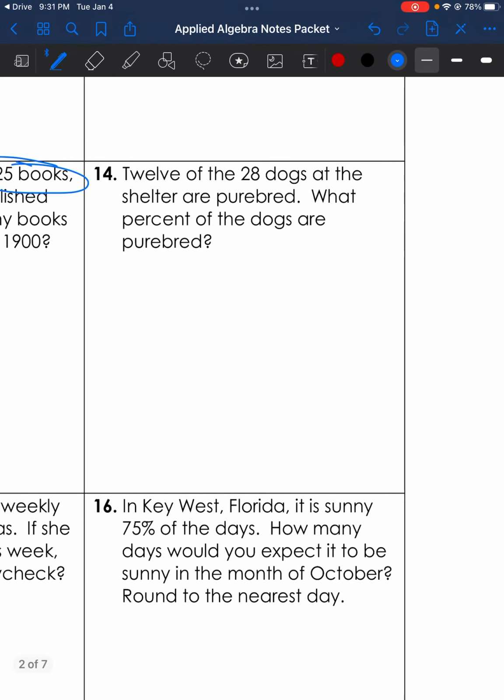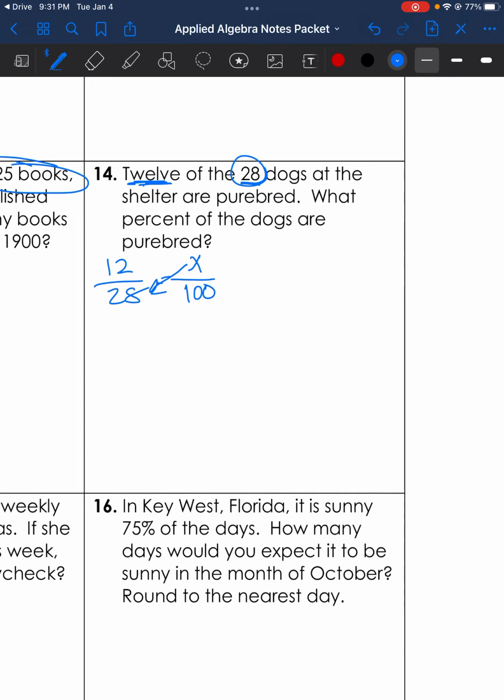Okay, number 14 here. 12 of 28 dogs at the shelter are purebred. What percent are purebred? Okay, so 12 is the part, 28 is the whole. So 12 over 28. Well, what percent is that? We don't know. We're looking for the percent. This is always 100.